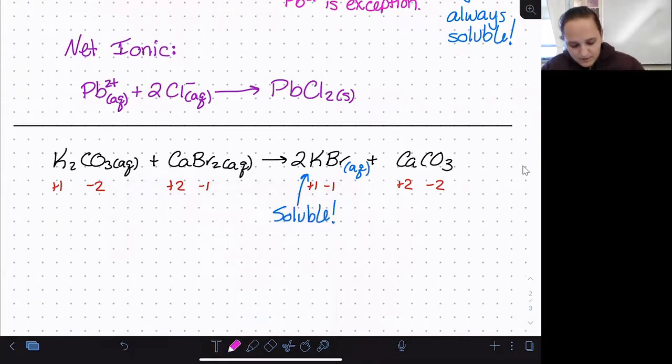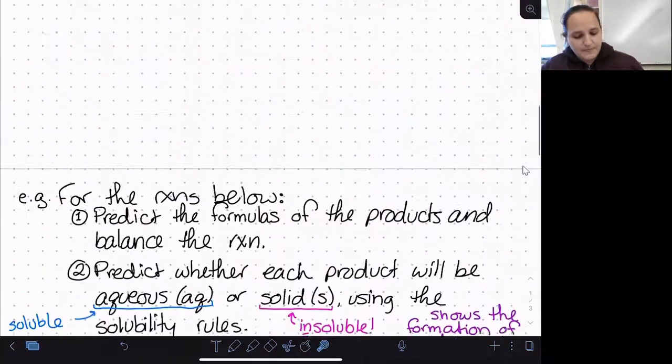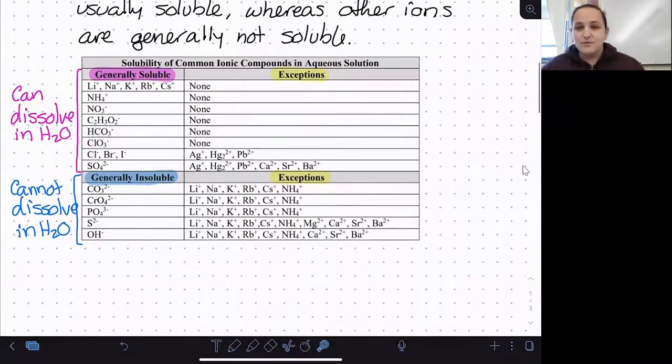Then for our other one, calcium carbonate, if we go look for this, we will find that there is no rule for calcium specifically, but we do have carbonate down here as something that is generally not soluble, and calcium is not an exception. So remember that in this case, the exceptions would be things that are soluble.